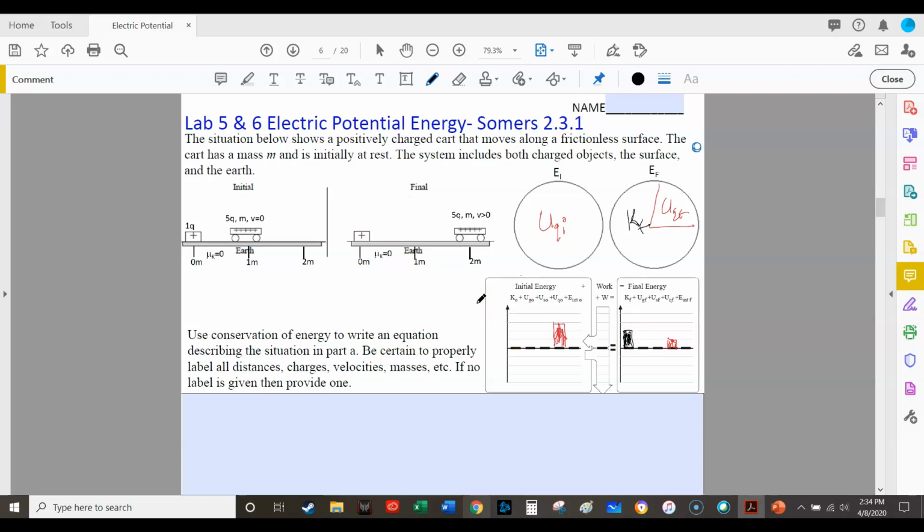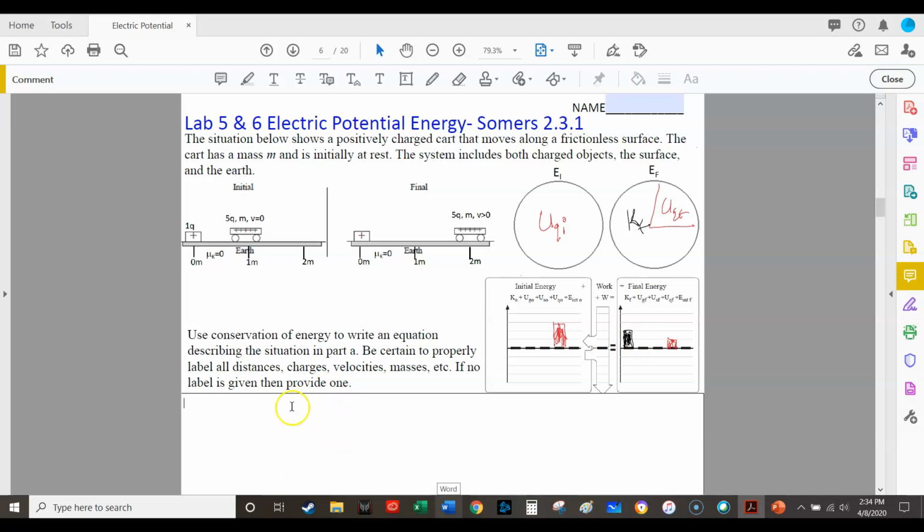So now let's convert both of these things to equations. Okay. So what I'm going to do is I'm going to go ahead and start off with my initial energy. So initial energy is equal to final energy.